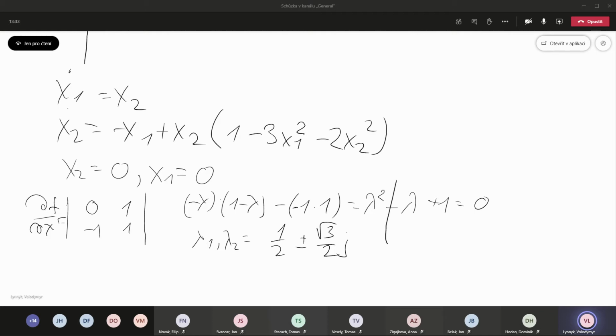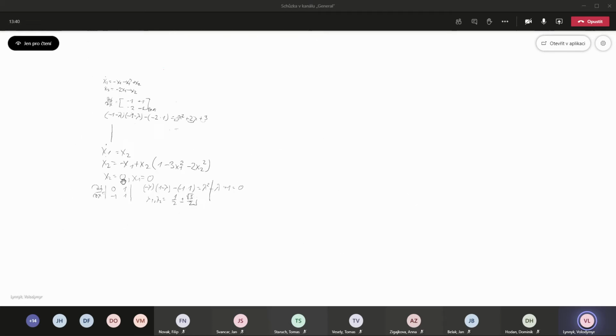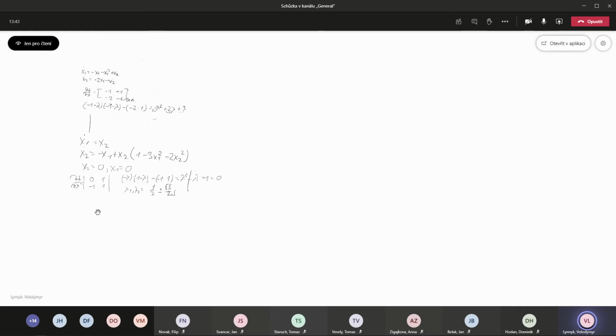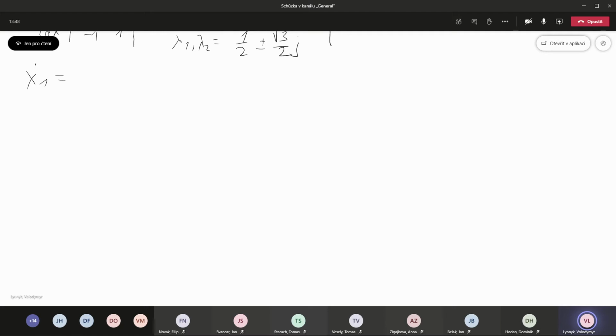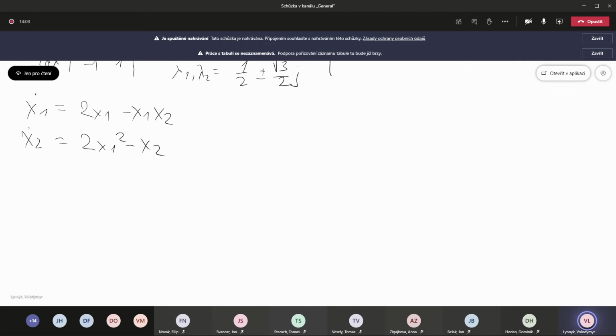The next system is x1 dot equal to 2x1 minus x1 x2, and x2 dot equal to 2x1 cubed minus x2.